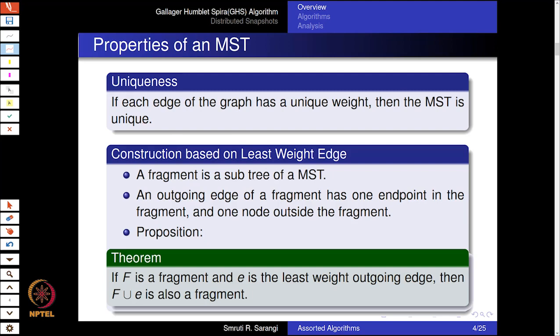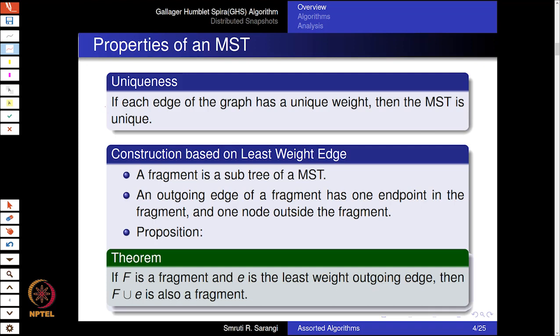So I have already suggested algorithms, but you can look at them in a popular text on algorithms first, and the proofs are important. Now, without going into the depth, I will list a few properties of an MST that we shall use.